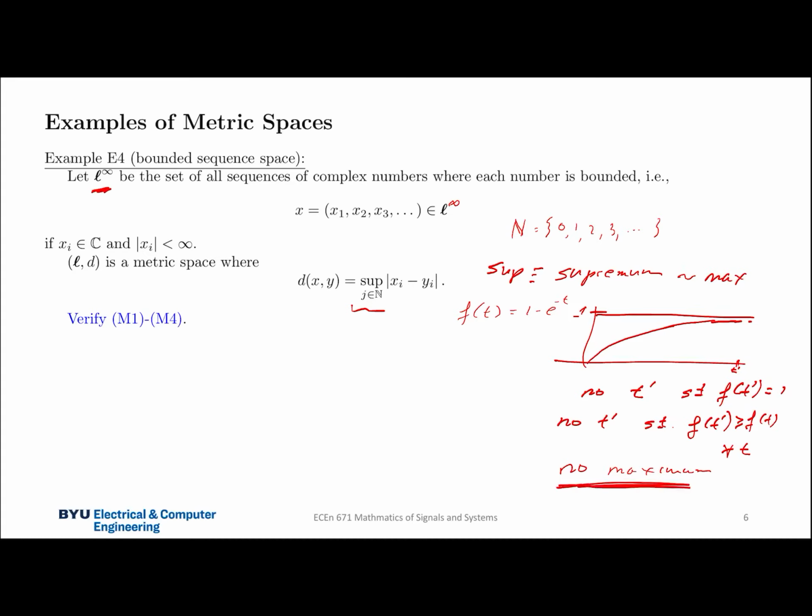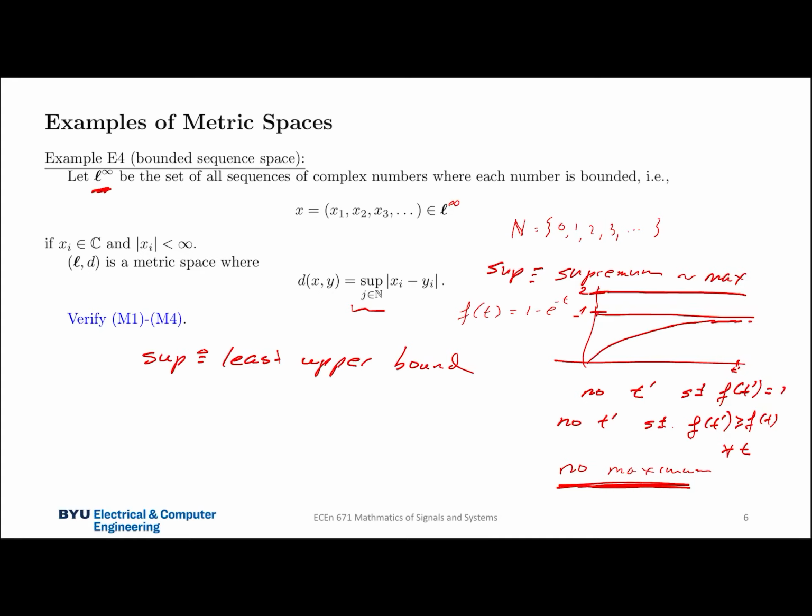So what you have to do is define a new quantity. The supremum is the least upper bound. So an upper bound would be 2, because f of t is always less than or equal to 2. But it's not the smallest upper bound because 1.5 is also an upper bound.